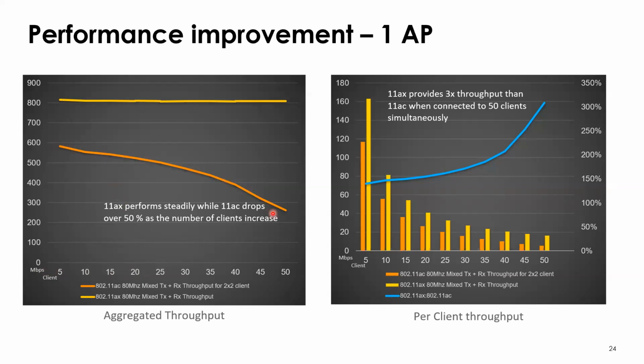That just has to do with the fact that Wi-Fi traditionally has not been designed to have lots of users. And so as you add more and more users, it actually uses the available airtime less efficiently. You get a lot of interference issues, dropped packets, and you see the overall performance drop. Whereas with Wi-Fi 6, basically the aggregated throughput is going to remain flat no matter how many wireless users you put on there, within reason.